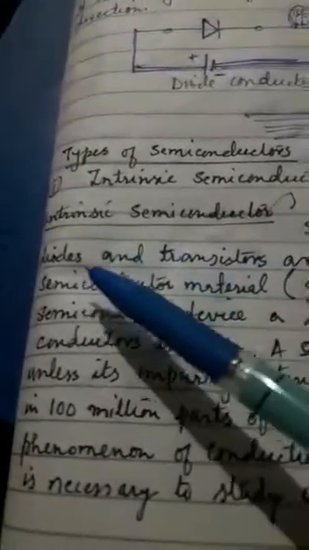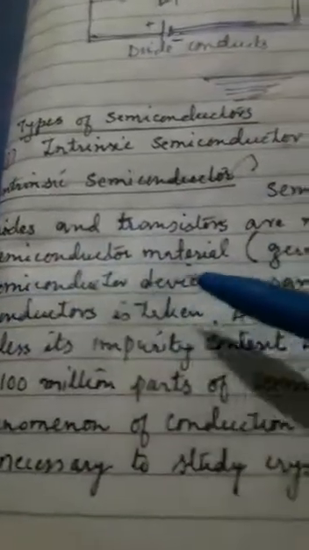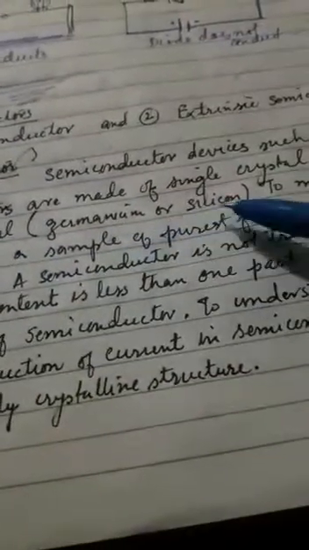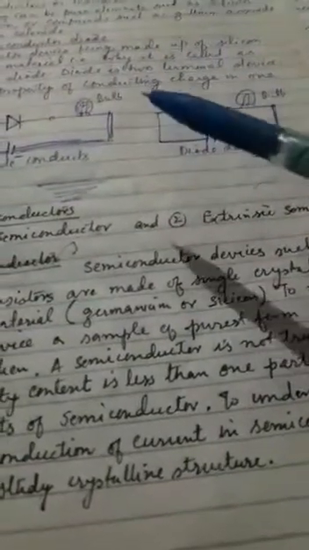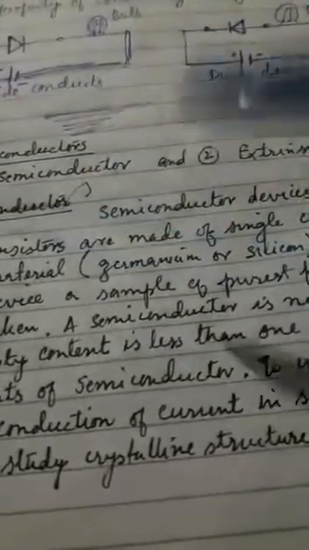Semiconductor devices such as diodes and transistors are made up of a single crystal of semiconductor materials such as germanium or silicon, which I have told you already in the previous lecture also.